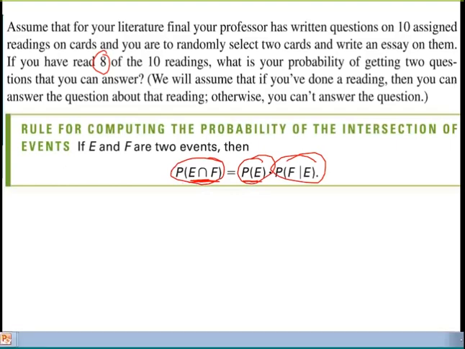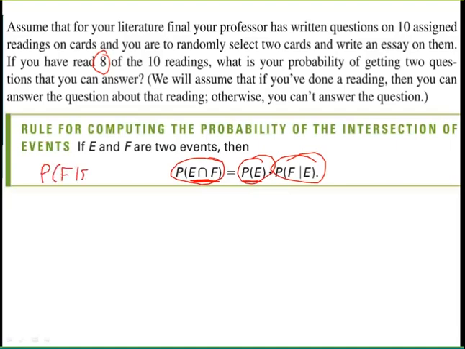What I mean by that is our last formula had probability of F given E equals probability of E intersection F over probability of E.